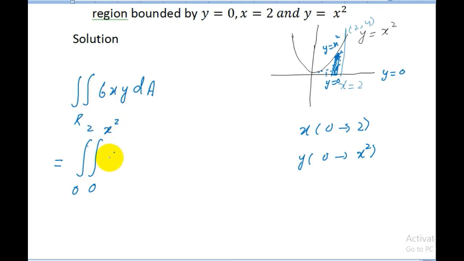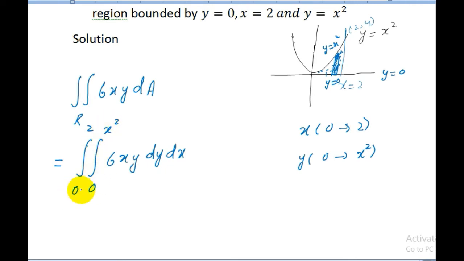The function is 6xy. Now dA we write as dy dx. So remember, since y varies from 0 to x square, the value of y is in terms of x.